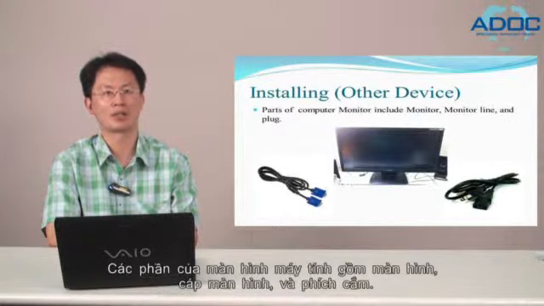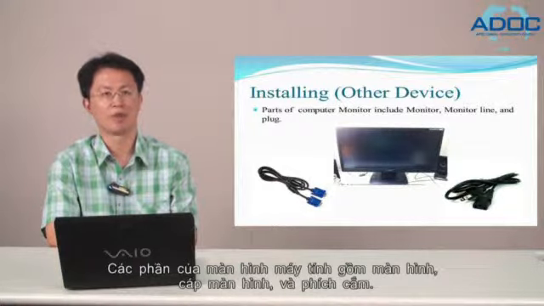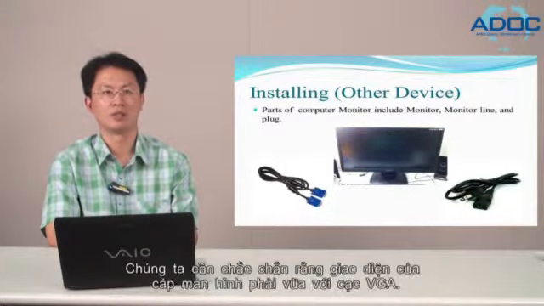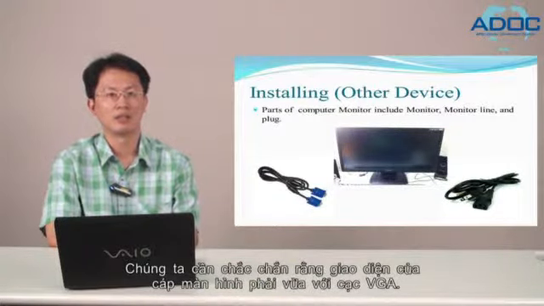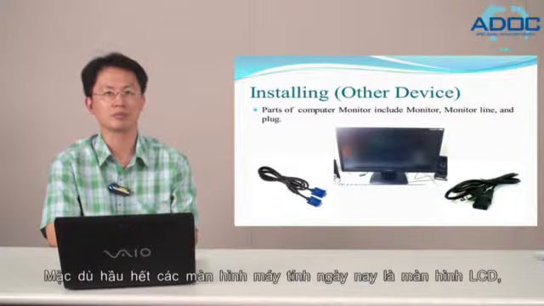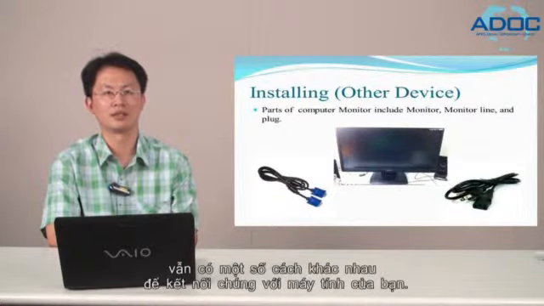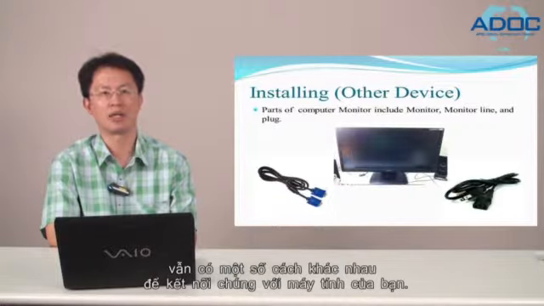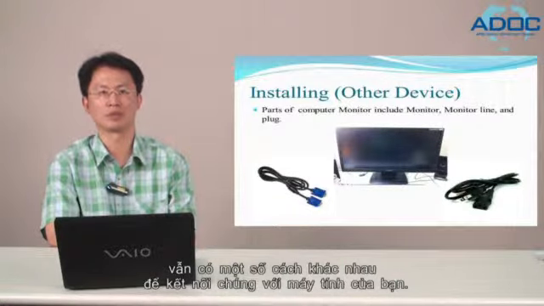Parts of computer monitors include monitor cable and plug. We need to make sure that the interface of the monitor cable fits the VGA card. Even though most computer monitors today are LCD panels, there are still a number of different ways to connect them to your computer.